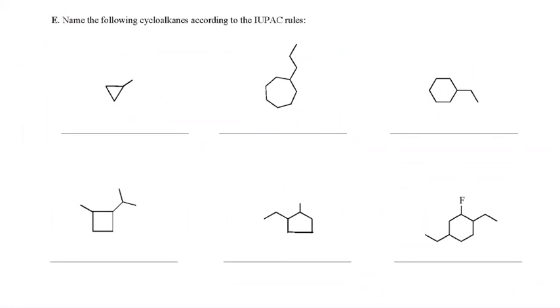Let's do the first row together, okay? What would be the name of this molecule that I did the check mark on? Let's put it in the chat. Excellent. This is methylcyclopropane.